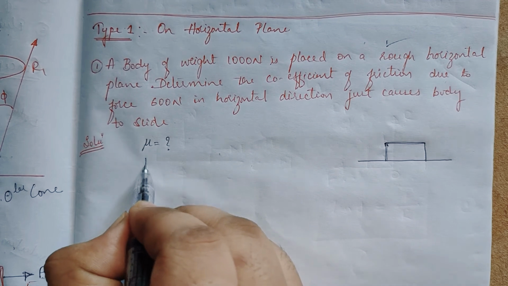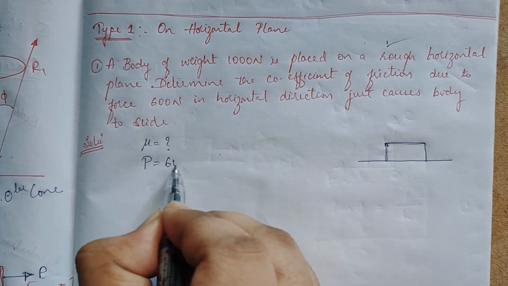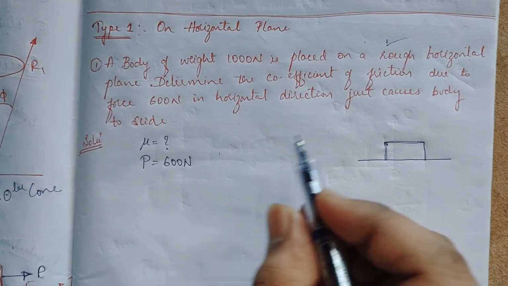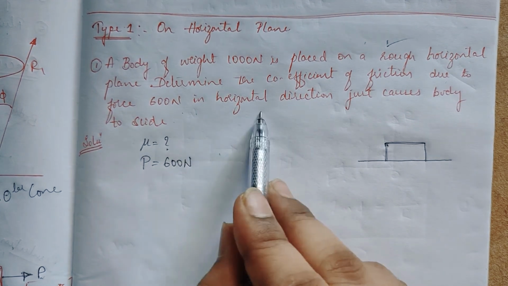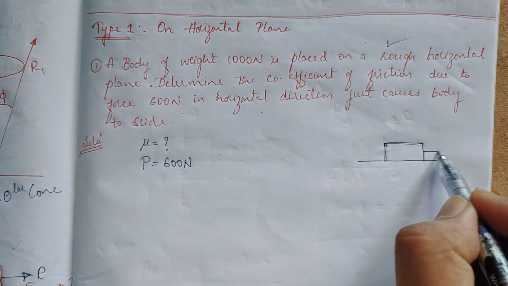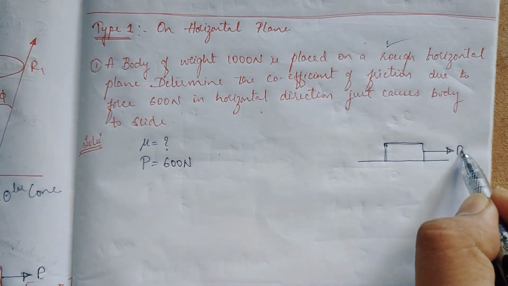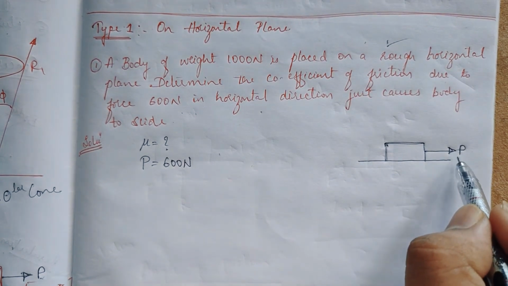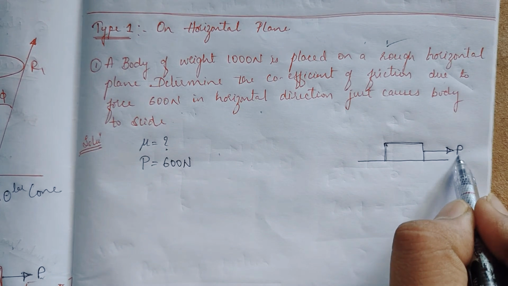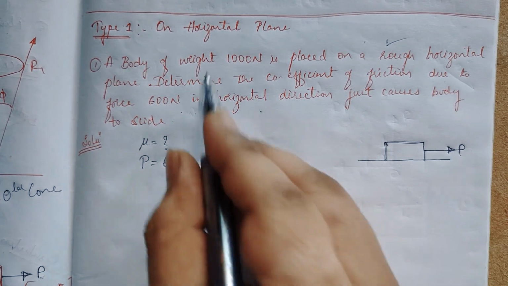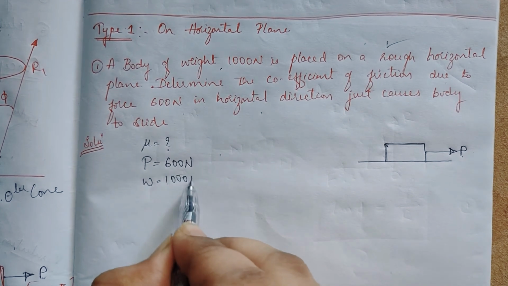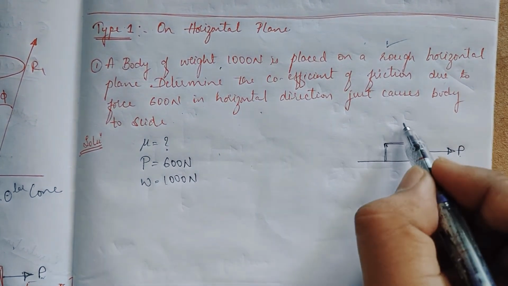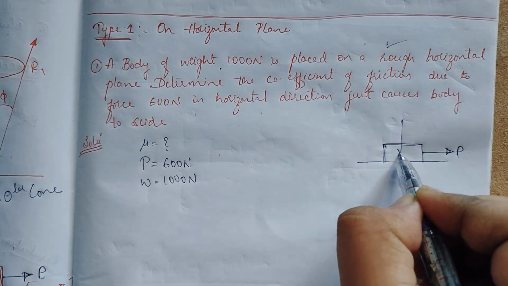So they have given P, that is 600 Newton, in the horizontal direction, which just causes the body to slide. The weight they have given is 1000 Newton, which acts at the center of the body.